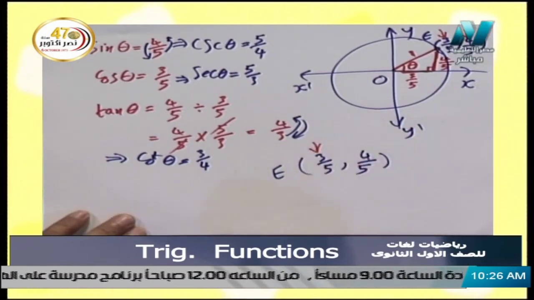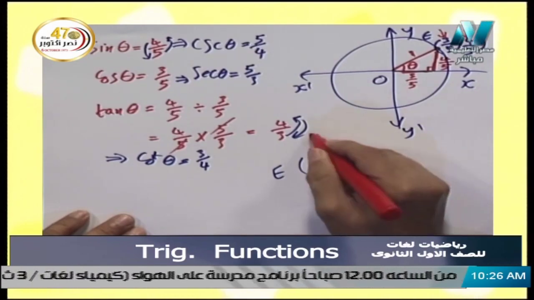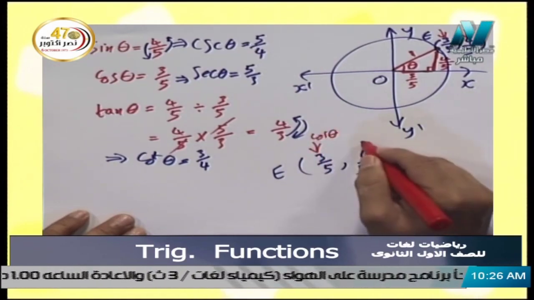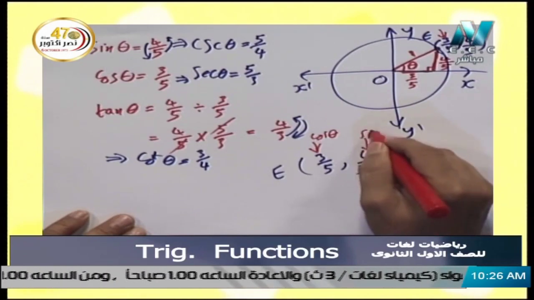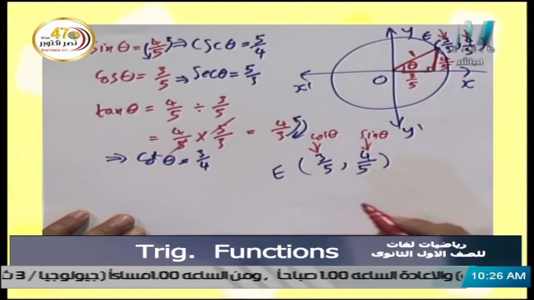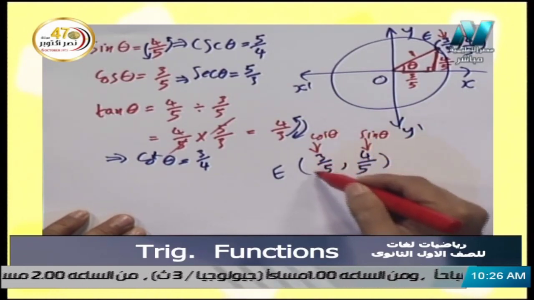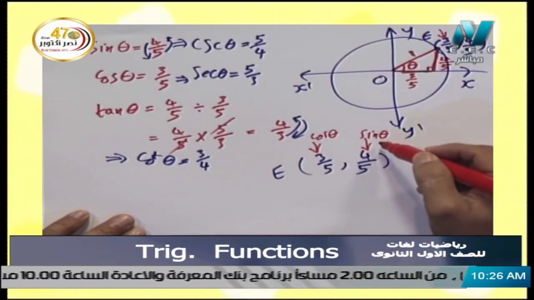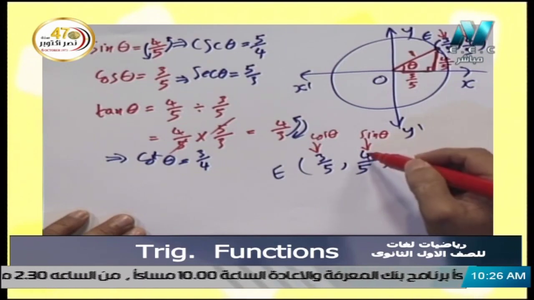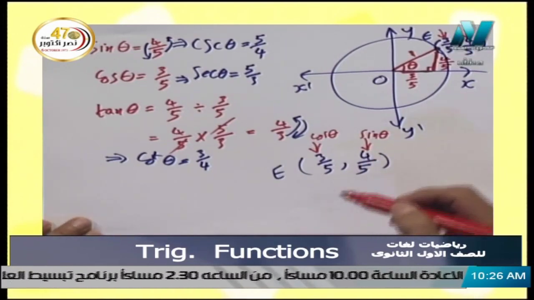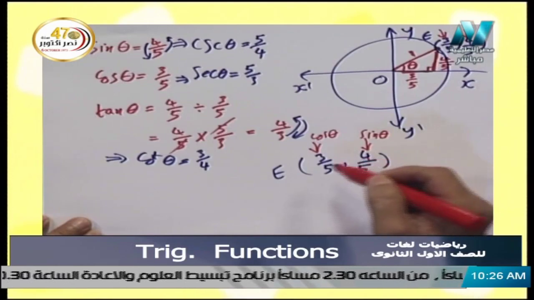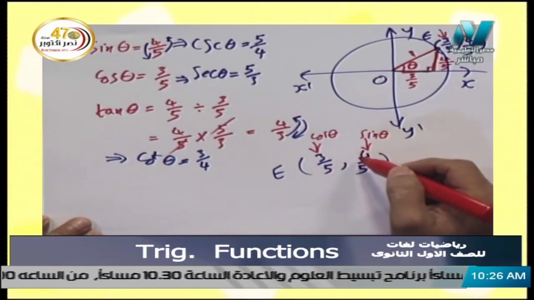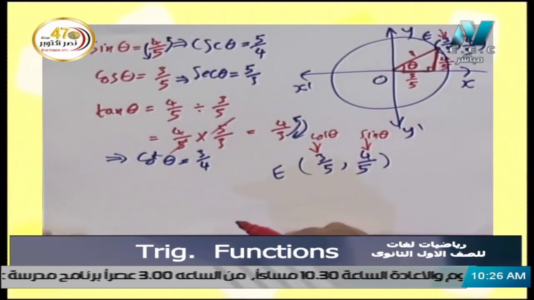This is cosine theta, and the second coordinate is sine theta, and sec theta is the reciprocal of cosine, which will be 5 over 3. Cosec theta is the reciprocal of sine, so it's 5 over 4. And tan theta will be sine over cosine, so 4 over 5 divided by 3 over 5.